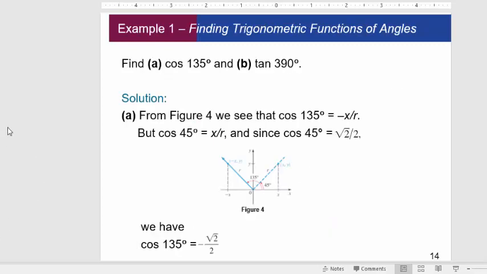So how can this be useful to us? Let's say we want to find the cosine of 135 degrees. All right, well, what is 135 degrees? It's in the second quadrant, right? So x is going to be a negative value. But we can see from this picture here that if we look at 45 degrees and 135 degrees, they have some similarities, right?